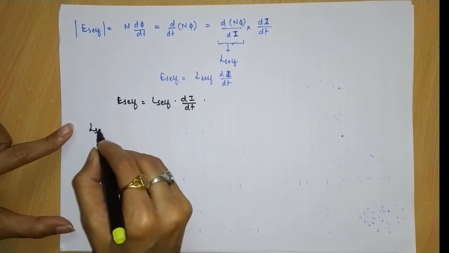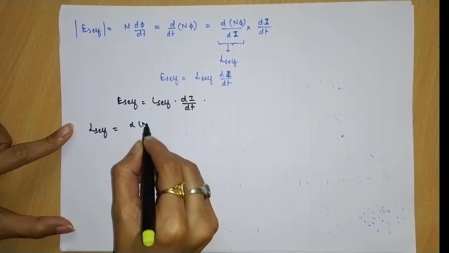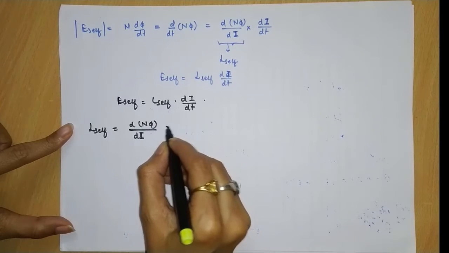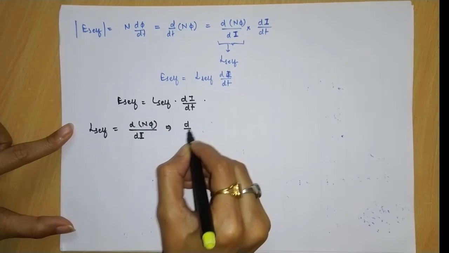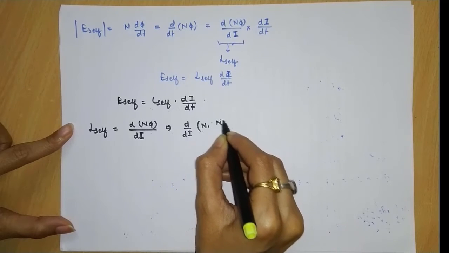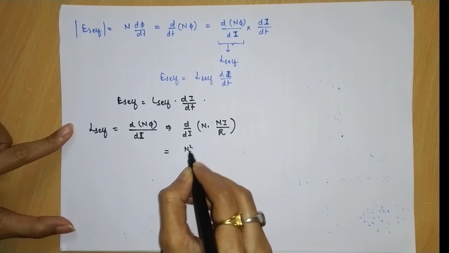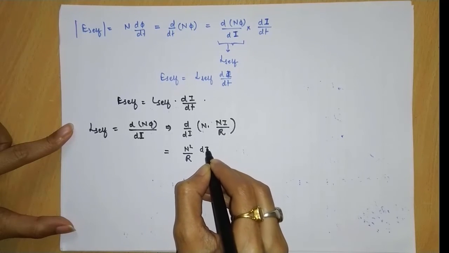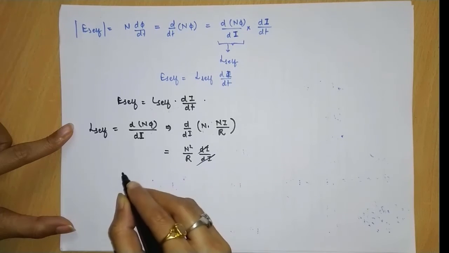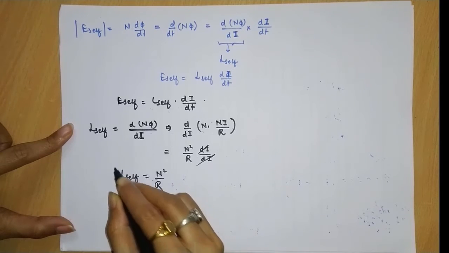Now, we got that L self, the self-inductance, is d(nφ)/di. From this we can write d/di of n into flux, which is mmf upon reluctance, which gives us n square by reluctance into di by di, which gets cancelled. Hence we can also write that self-inductance is n square upon reluctance.